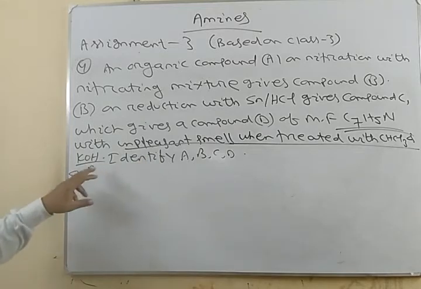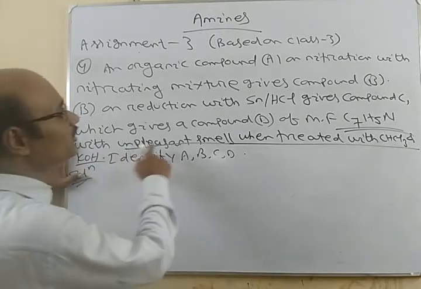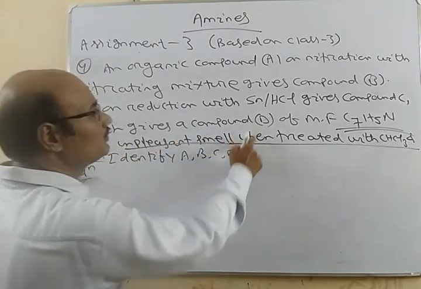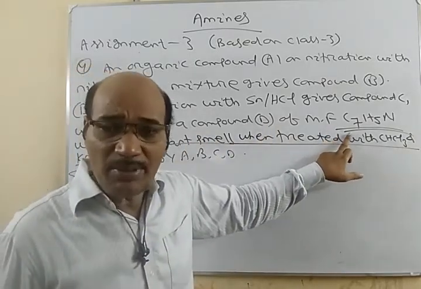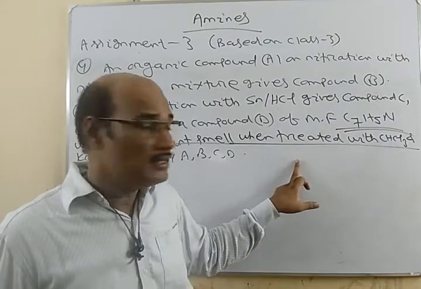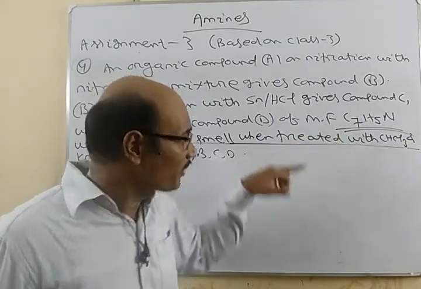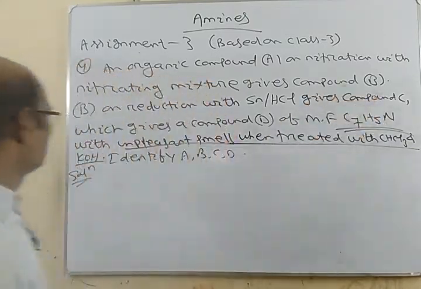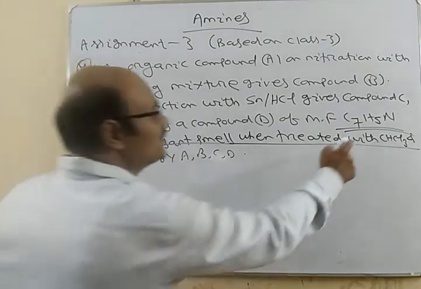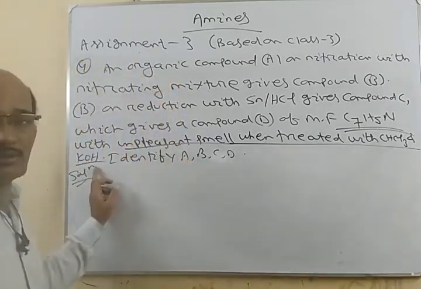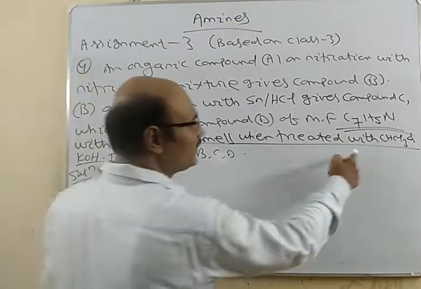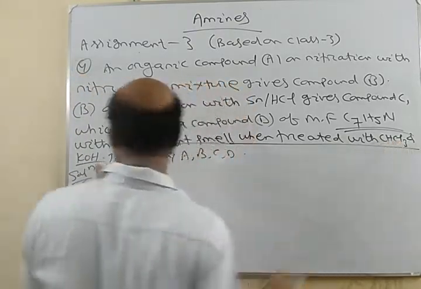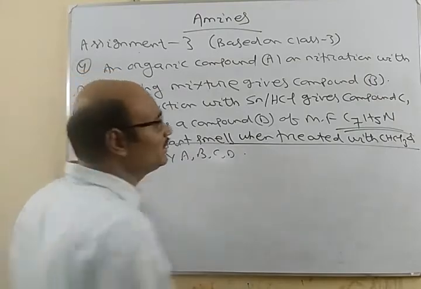So here C gives the compound D whose molecular formula is this one. This has a bad smell, and this compound is formed when C is treated with CHCl3 and KOH.